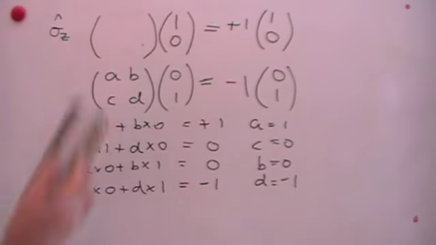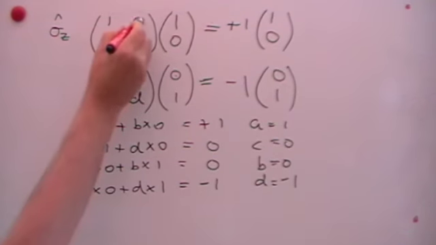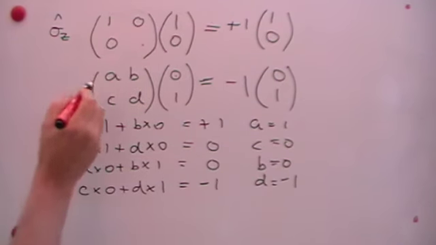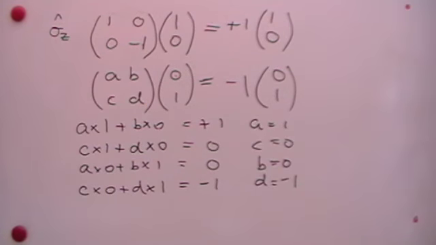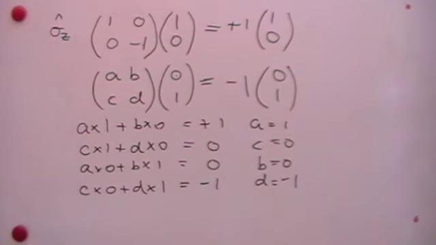I can remove this here, and for A I can put 1, for B I can put 0, for C I can put 0, and for D I can put minus 1. And that is the sigma z matrix, derived, if you like, from the starting assumption of my eigenvectors 1, 0, 0, 1, and saying that I want my eigenvalues to be plus 1 and minus 1.